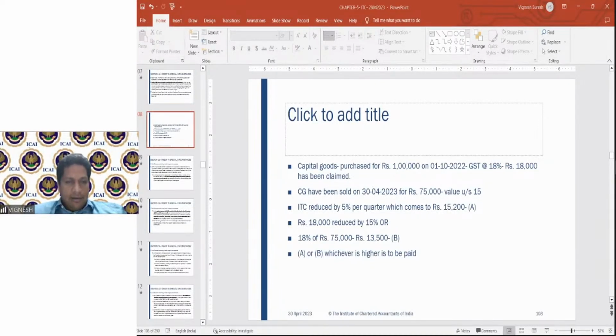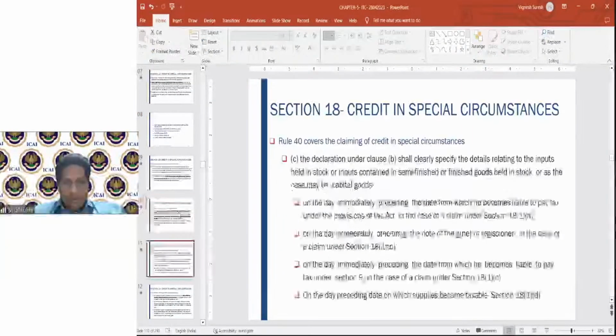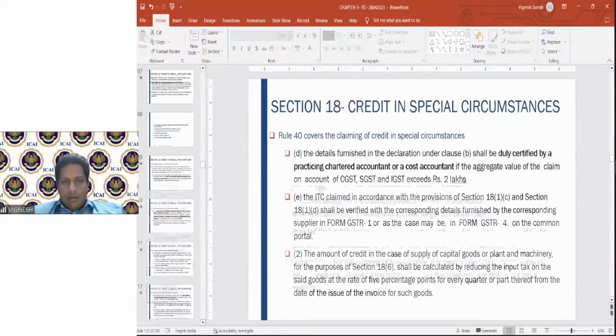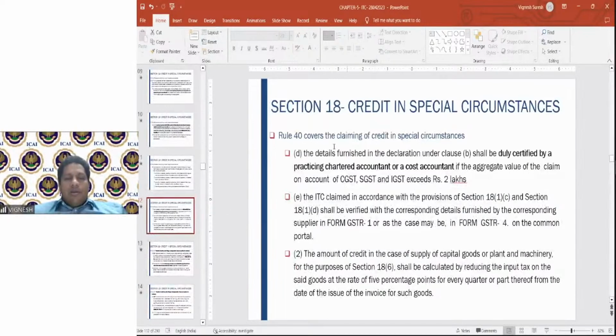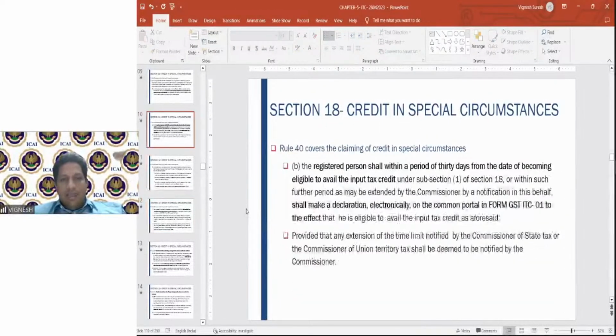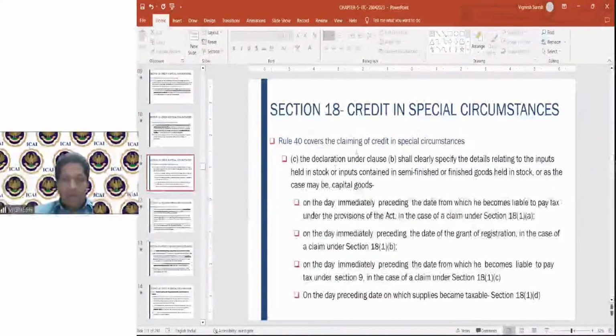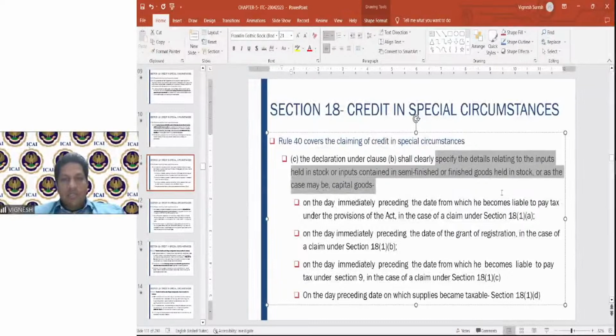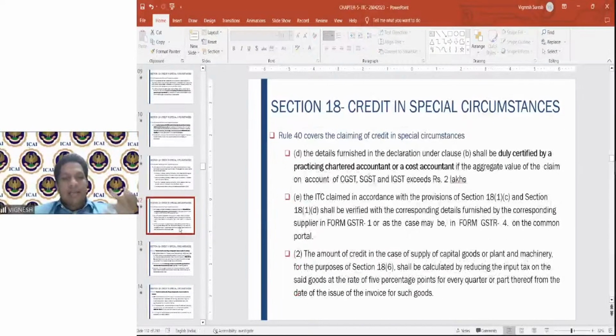Rule 40D. No problem. We'll go there. It's very simple. This rule number 40D, wherever the claim is more than 2 lakhs. See, this A, B, C, you have to clearly give the details. You have to specify the details relating to the inputs held in stock. Now, if these details are more than 2 lakhs, then whatever you are claiming, you need to attach a declaration to the online claim.